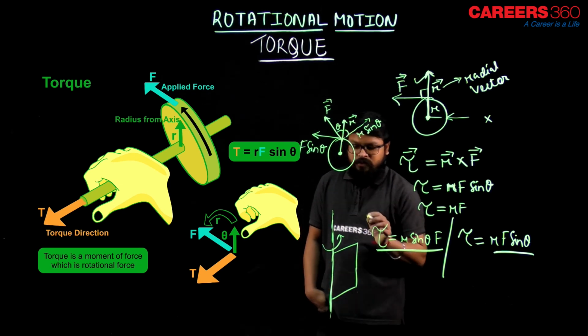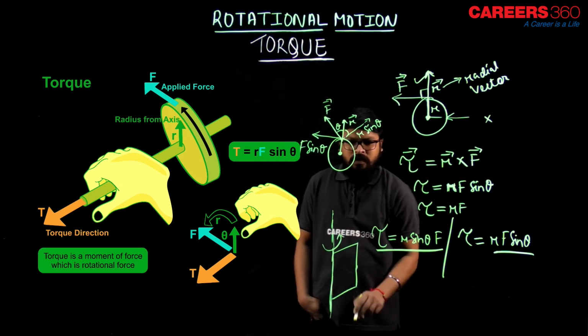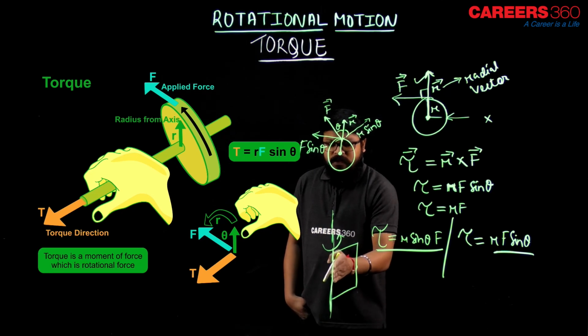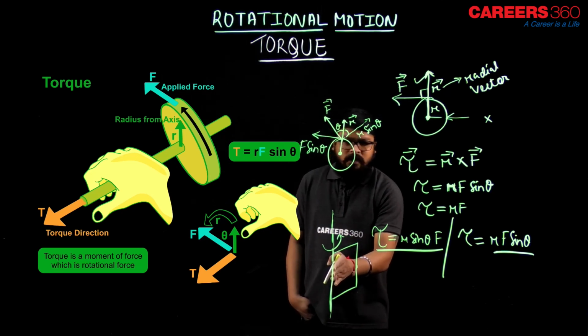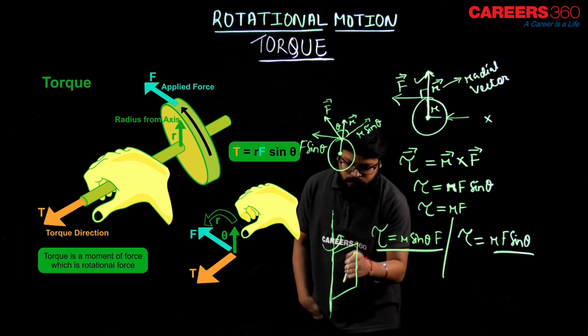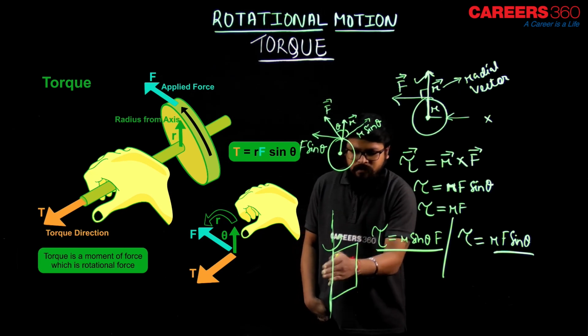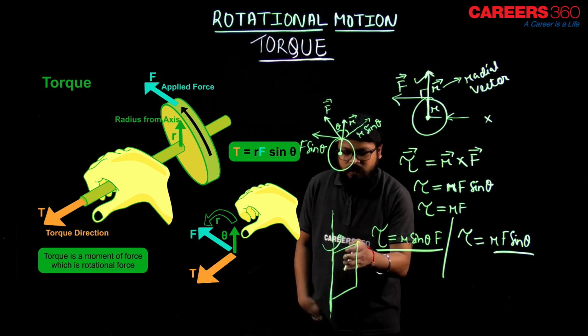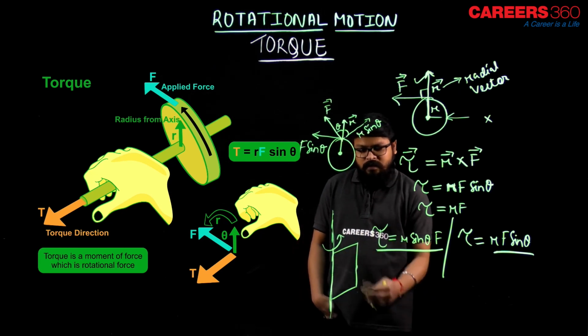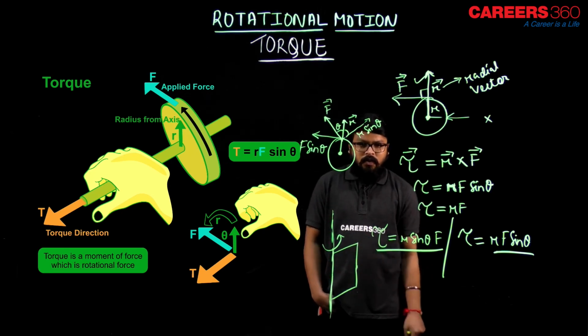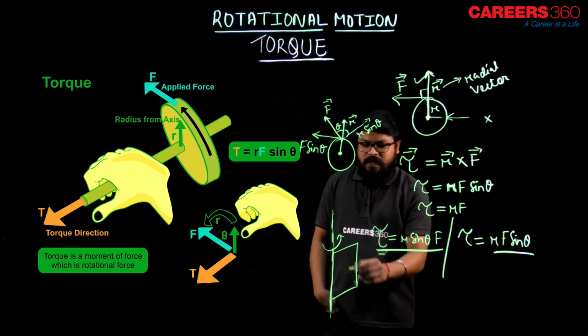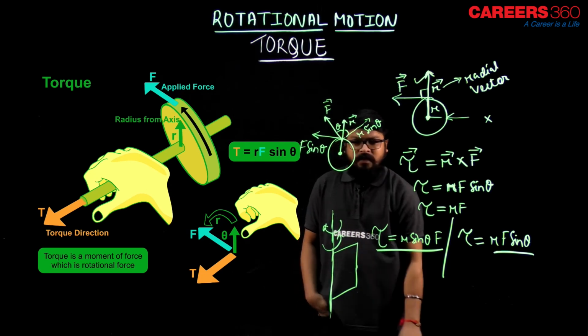So you have to apply force on this particular door. If you apply force at the hinge, will the door rotate? No. If you apply the force at some distance from the hinge, either inward or outward, that force makes the door rotate about the hinge, either this way or this way, isn't it?